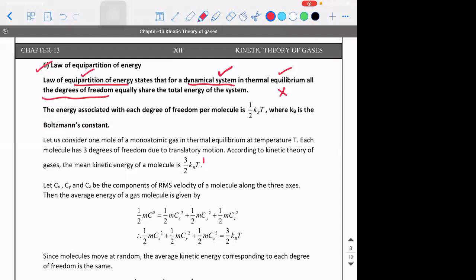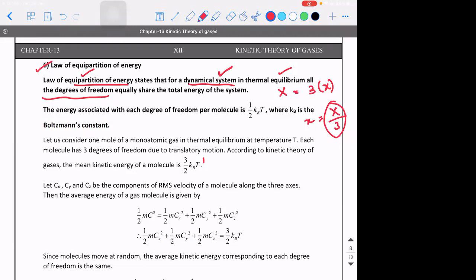So how many degrees of freedom does a monatomic molecule have? 3. So can I call it 3 times small x? So small x will be the total energy divided by 3.